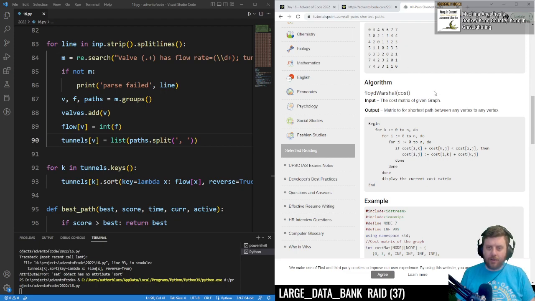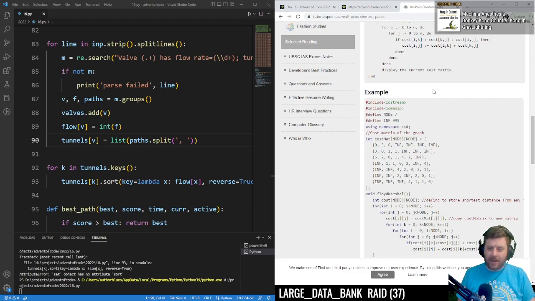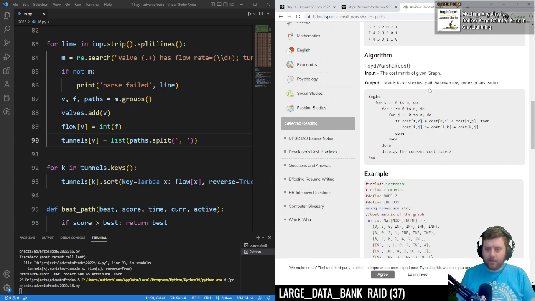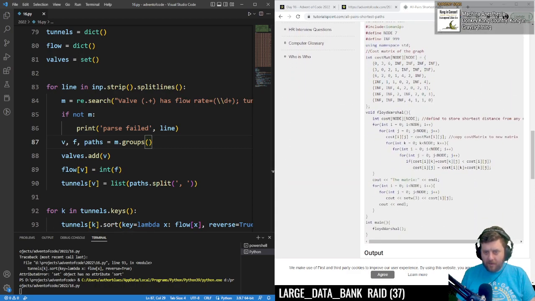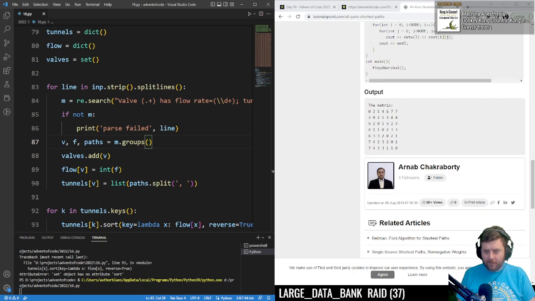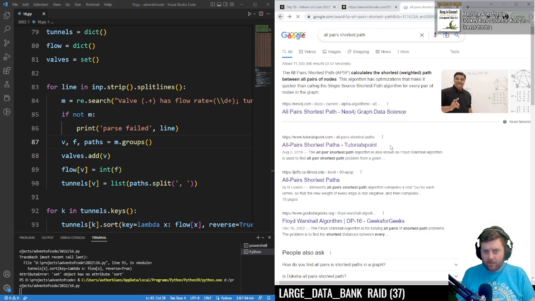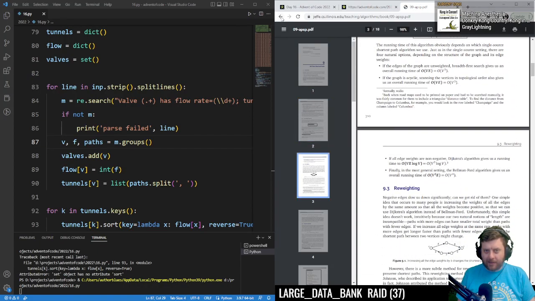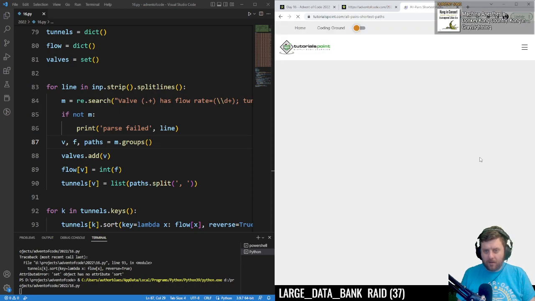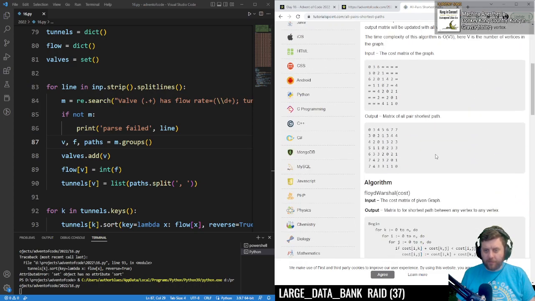I haven't thought about the Floyd Warshall algorithm in like 10 years. Holy shit. This is like the dumbest thing I've ever had a weird nostalgic moment for.